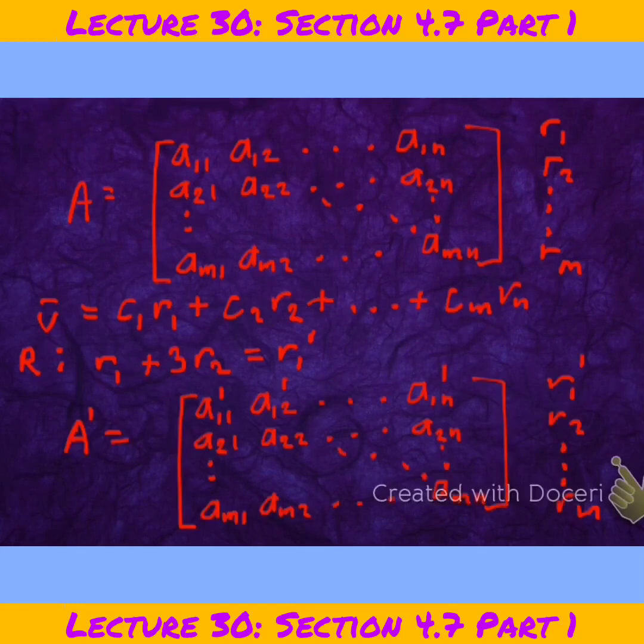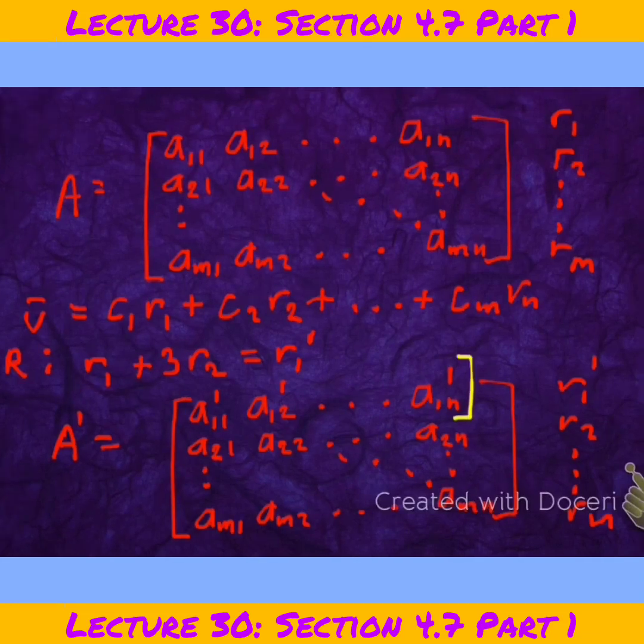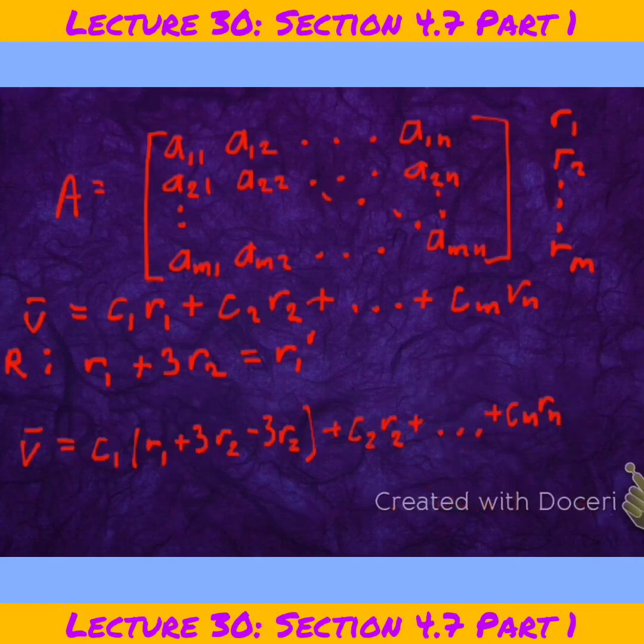Let's call this new matrix A prime, and you can see that A prime has a new first row, and the new first row is that row there. All the other rows stay the same. Let's go back to the vector v. We can take the first row of A, add 3 times the second row, and subtract 3 times the second row, so I've not really done anything.